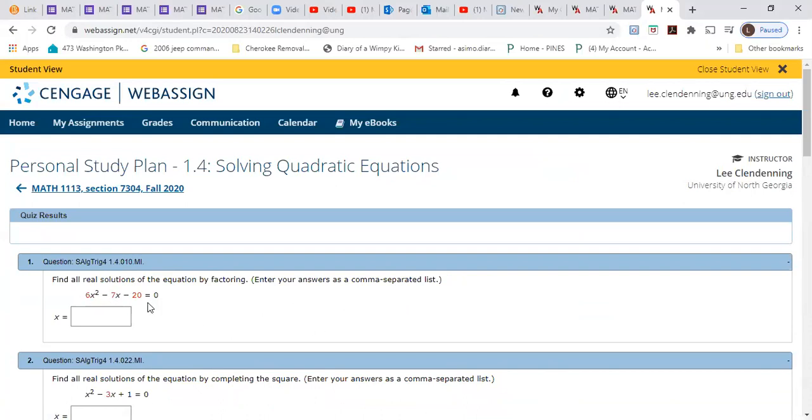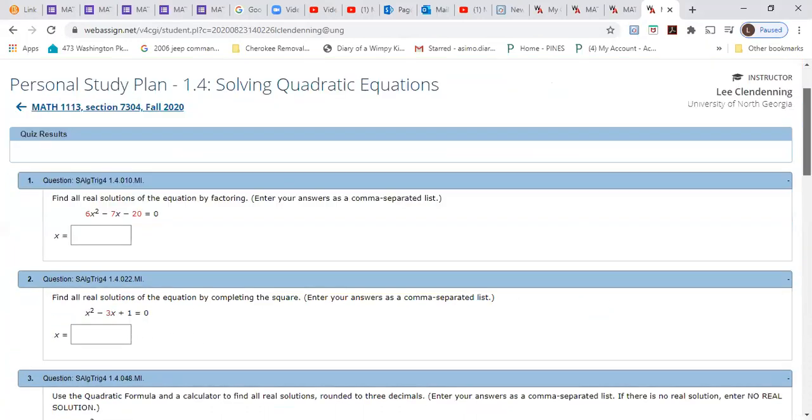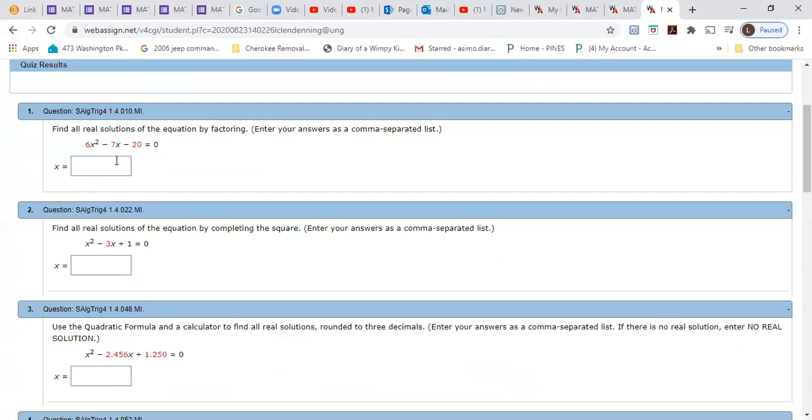So again, 1, 2, and 3. You'd want to do number 1 by the quadratic formula, number 2 by the quadratic formula, and number 3 is a little nasty with decimals. It's saying use a quadratic formula. Ignore this stuff about completing the square. You can use the quadratic formula.